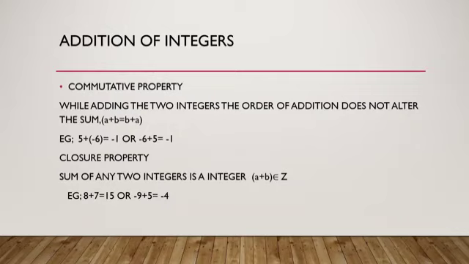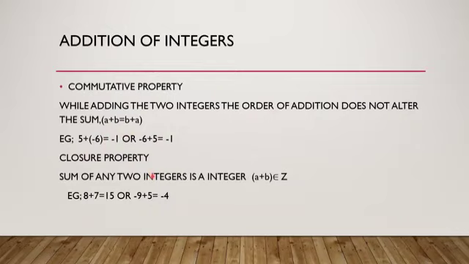Now, if I change the position of 5 and -6, my answer continues to remain the same. So this property is your commutative property. That means irrespective of the position of the numbers, if you're adding two integers, the answer that you will get is the same.